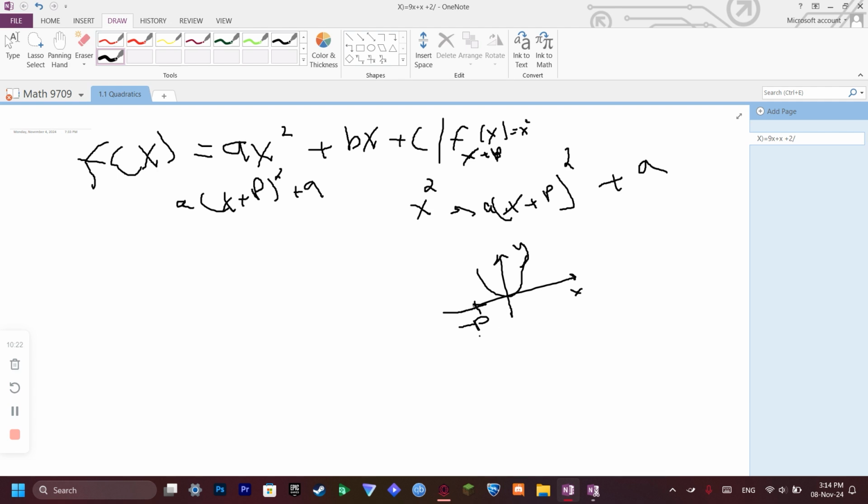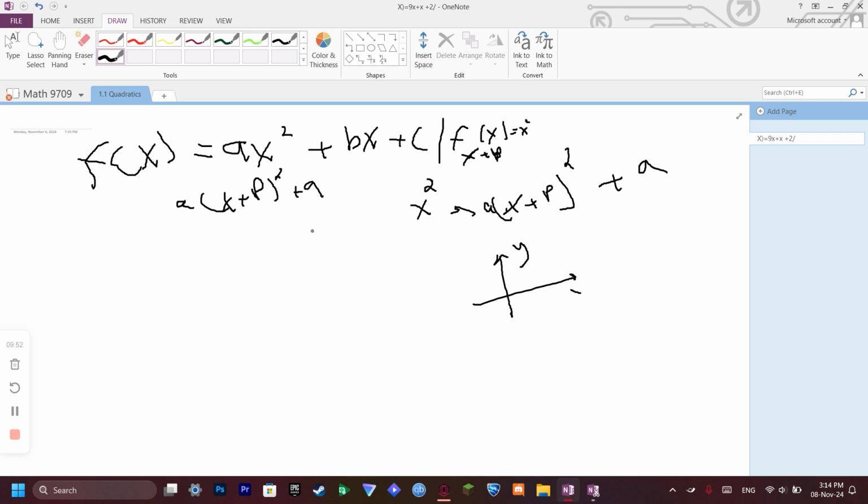So you took the input that's right there. So you kind of pulled the graph like this. You're not taking your x, you're just taking someone else's x, and you pull the graph to the left. That's what happens in the first transformation.